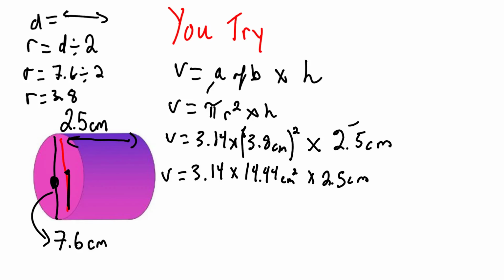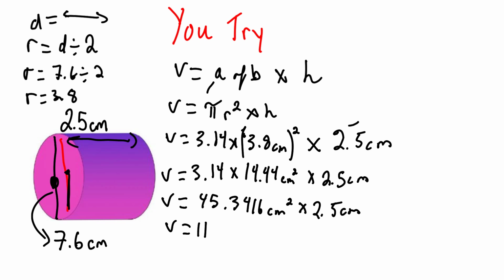Now all we need to do is multiply them all together, but I'm going to go just that little one step extra here, and I'm going to multiply just my 3.14 times 14.44, which gives me a volume of my base of 45.3416 centimeters squared, times our height, which is still here, and as a total, we're going to get our volume of 113.354 centimeters, and as always, cubed, and that is our final answer.